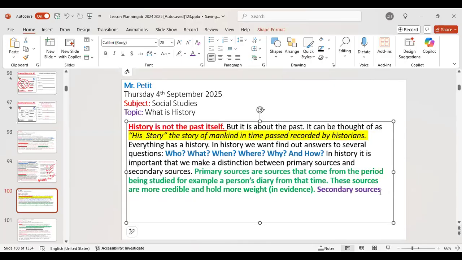So secondary sources are sources that come from what? That come after the period being studied.